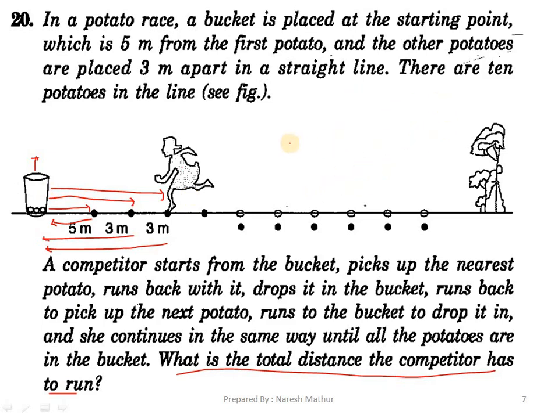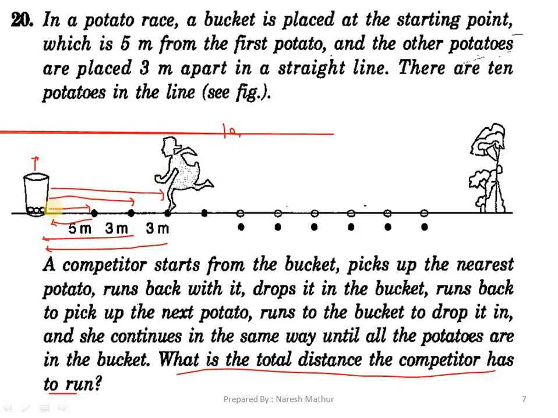Now see, for the first case, how much distance is she running? Let's say in the first condition, she goes 5 meters to pick a potato and comes back another 5 meters. So 5 plus 5, a total of 10 meters she ran.